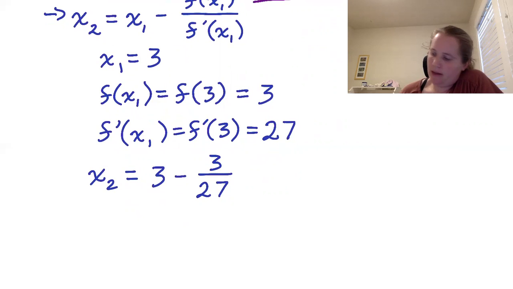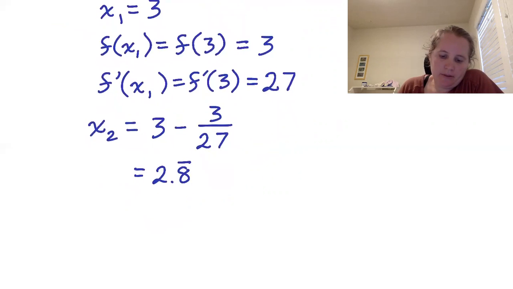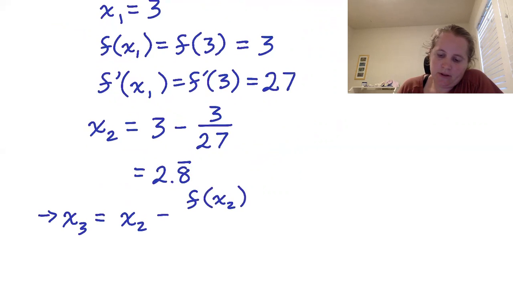And if we do that, we have 2.8, the 8 repeating. So here we now have x3 is equal to x2 minus f of x2 divided by f prime of x2.